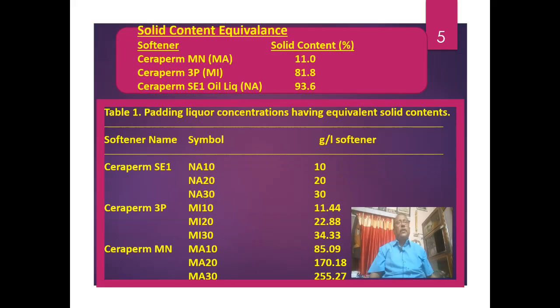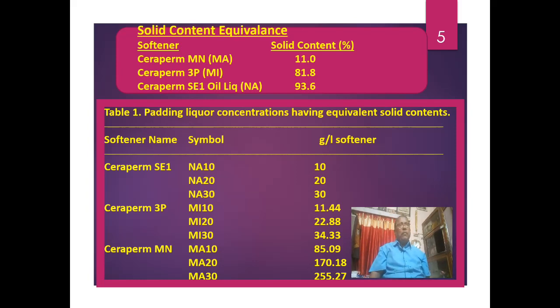The solid content of the 3 types of softener used were different. Macro having solid content of 11 grams per liter, micro 81.8 grams per liter and nano 93.6 grams per liter. So while preparing solution, 3 nano solutions having 10 grams per liter, 20 grams per liter and 30 grams per liter nano softener were made.